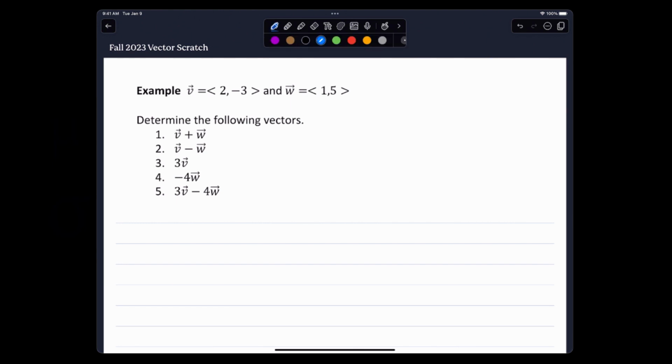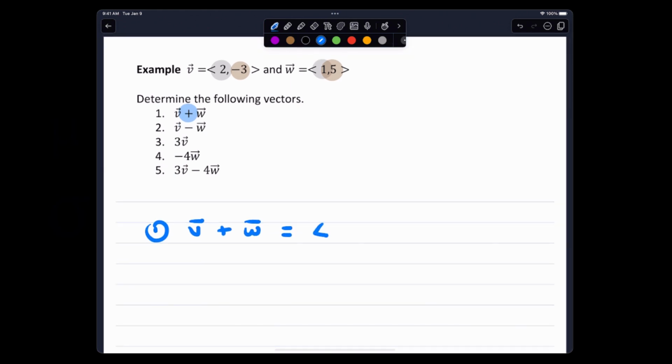So the first example again, if I have to take a sum of these two vectors, again, what do you simply add? You add your components. So your vector v plus vector w will be what? 2 plus 1, and then negative 3 plus 5.